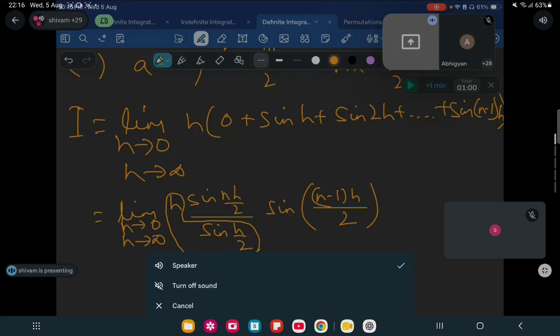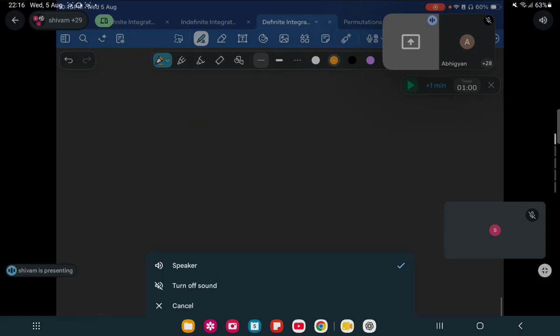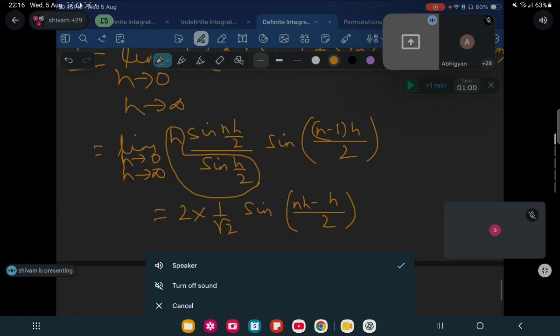What is sine pi by 4? Sir, 1 by root 2. 1 by root 2 multiplied by sine of n minus 1 whole h by 2. So that is nh minus h by 2. Okay, nh is equal to pi by 2, right?